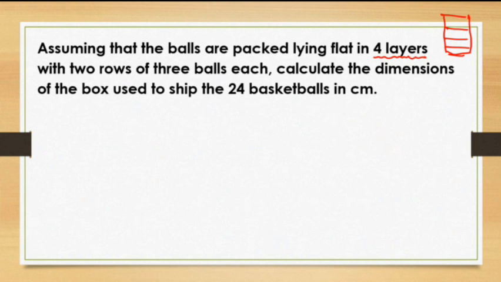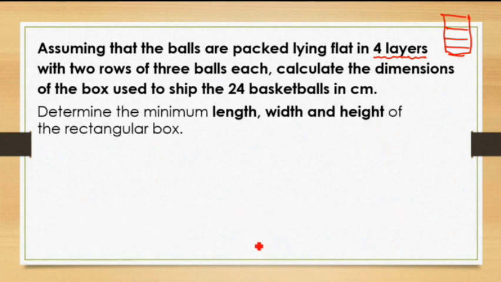If it says rows of 3, it means each row has 3 boxes of the deflated balls. So let's see what the question says. It says determine the minimum length, width, and height of the rectangular box that will carry the 24 basketballs in centimeters.